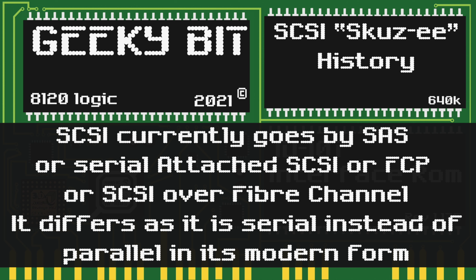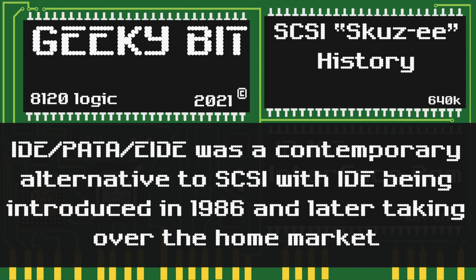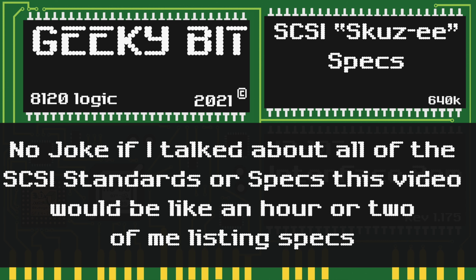IDE, PATA, or EIDE was a contemporary alternative to SCSI, with IDE being introduced in 1986 and later taking over the home market. No joke, if I talked about all of the SCSI standards and specs, this video would likely be an hour or two of me listing specs.